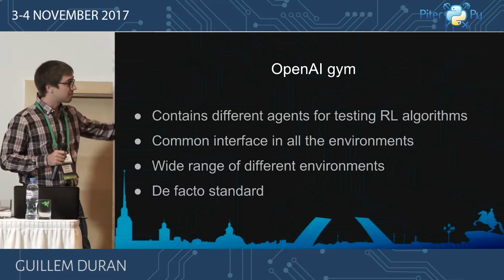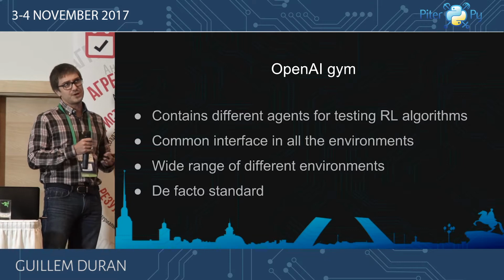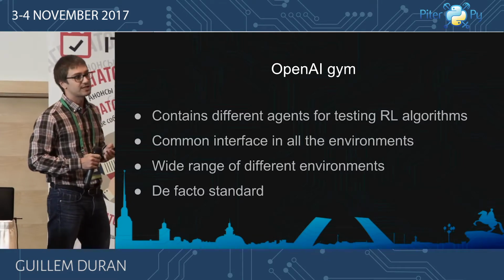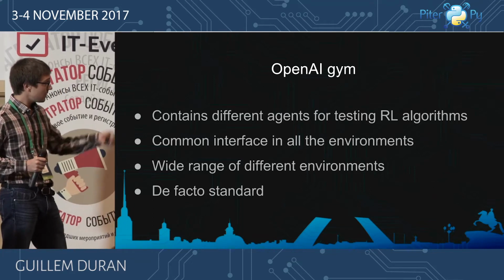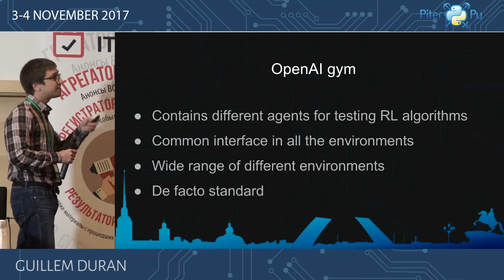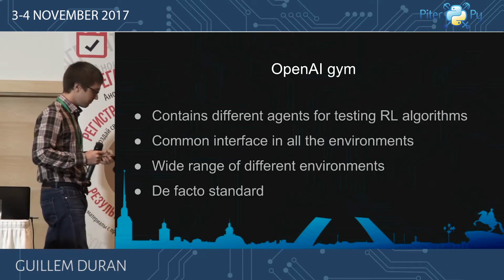And it has a really wide variety of different environments, and it pretty much has become a de facto standard in all this reinforcement learning field in Python. The thing is, the interface that it provides to very different kinds of environments is always the same.